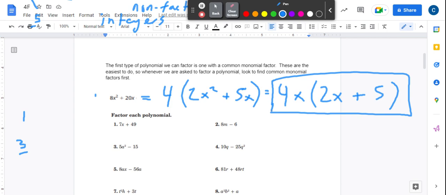You're just undistributing, basically, into the simplest way we can. We're putting it back to where it would look if we were not distributing it. It's kind of the opposite of what we did on the 4D notes, where we multiplied, distributed, and combined like terms. This is just the opposite. We're taking this and simplifying it down into the terms that multiply into it.